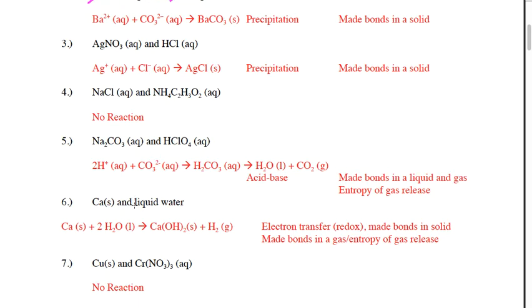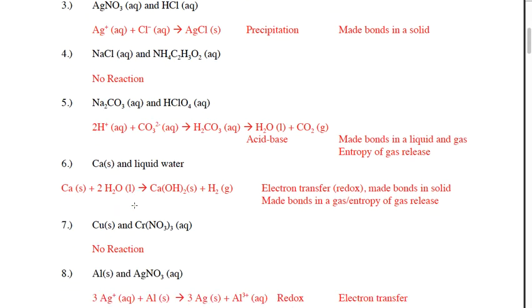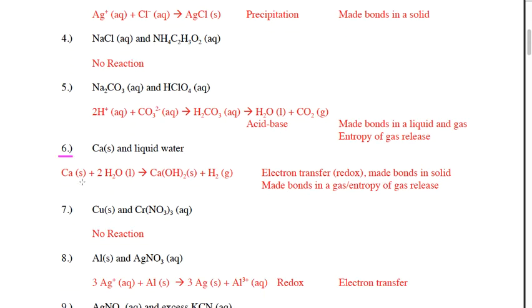Let's take a look at another reaction. Let's say number 6 here. When I look at this guy, I recognize it immediately as a potential for dissolving in liquid water, and I know that calcium is near the top of the reaction series. When I look at it, it's the fourth one down, so it will react with liquid water, and when it does, it should form hydrogen and hydroxide, which turns the solution pink typically.